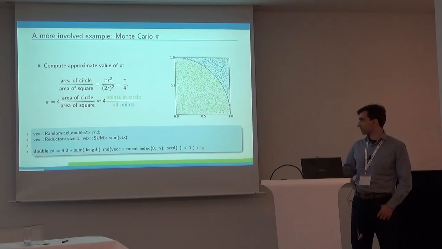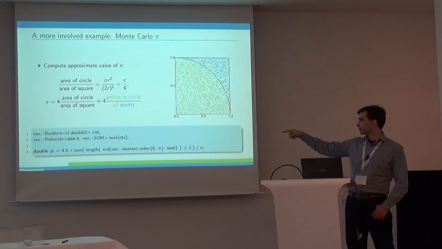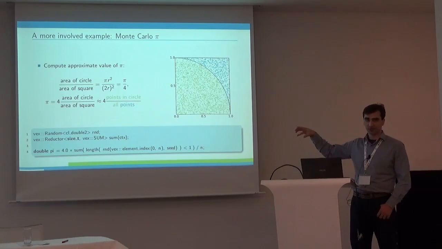And we can approximate that if we put a lot of random points inside the square. We can approximate the ratio of the area of the circle to the area of the square by the number of points that got into the circle to the total number of points.